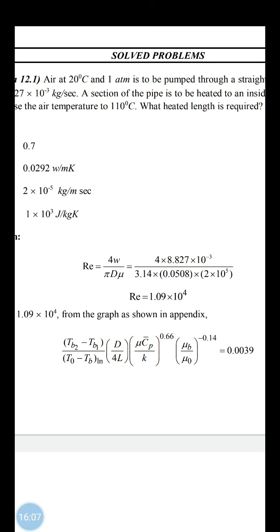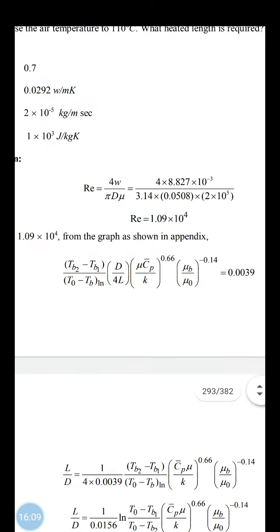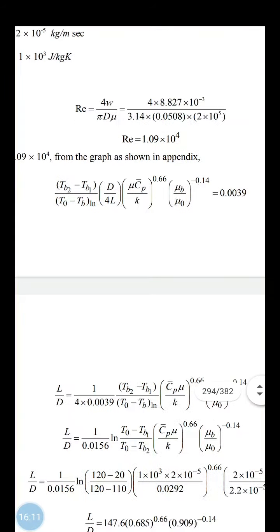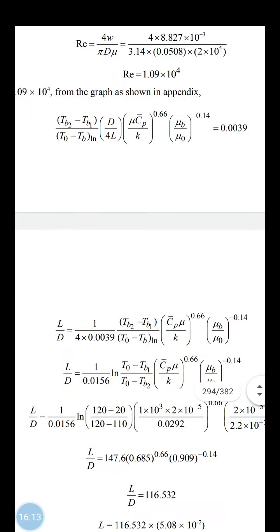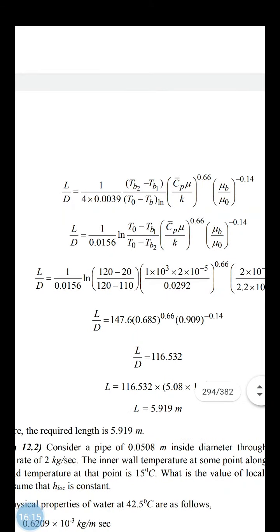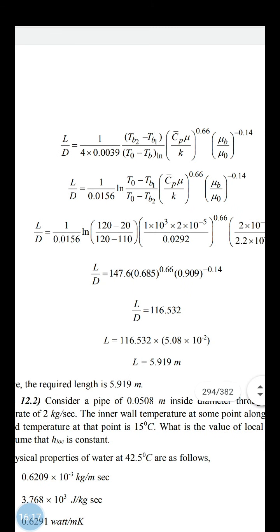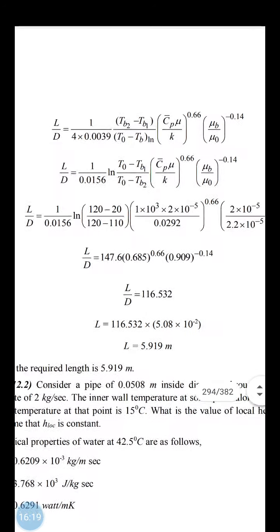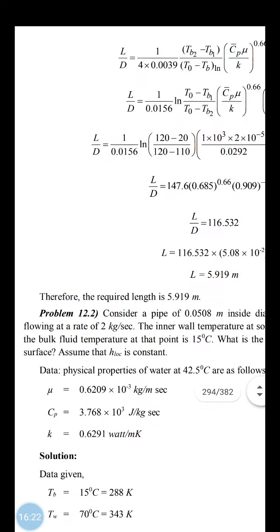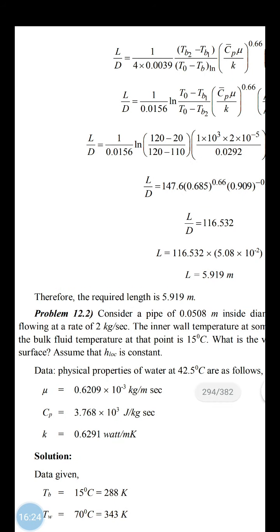This is the value obtained from the graph, and once you get this value you can solve the whole equation and find out L by D. Once you find the L by D ratio, you can put in the value of diameter and find out the length of the required pipe, and this length will be 5.919 meters. So this is how, with the help of the graph, you can find out the pipe length.